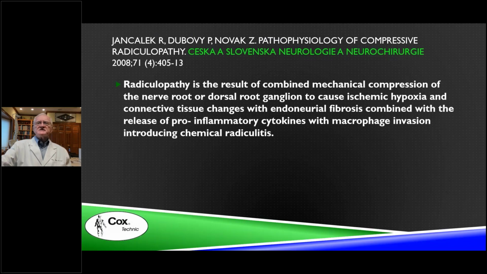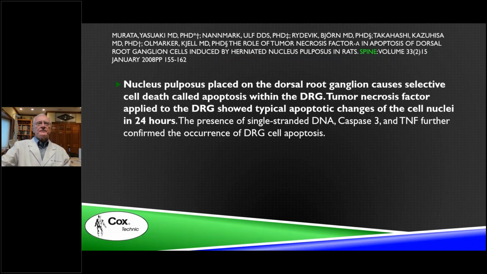This paper says radiculopathy is a result of two things: mechanical compression and neural inflammation. You and I have no choice but to address both of these issues when we are treating macrophage invasion of disc tissue causing neural inflammation.